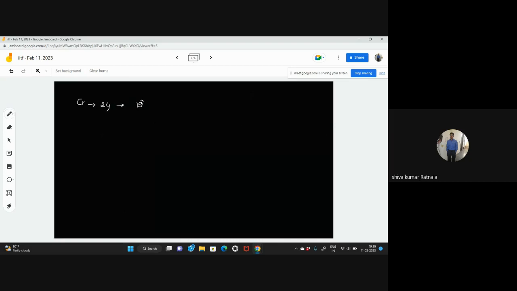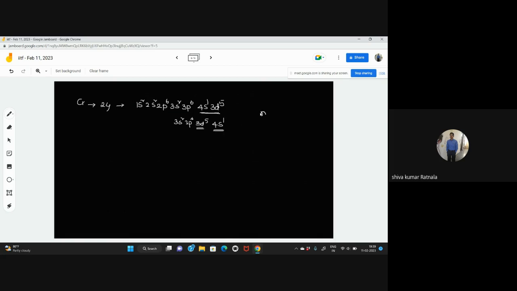We will write 1s2, 2s2, 2p6, 3s2, 3p6, 4s1, 3d5. Now if I'm rearranging, we can write 3s2, 3p6, 3d5, 4s1, no? Now the fourth shell will be the n, and 3d.